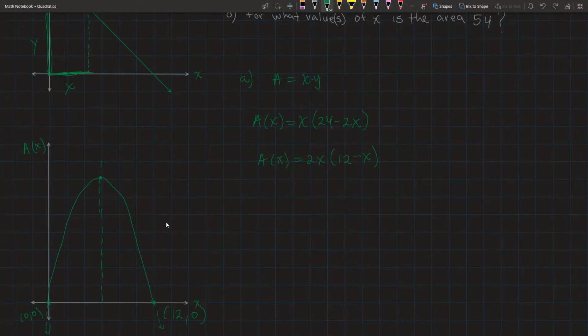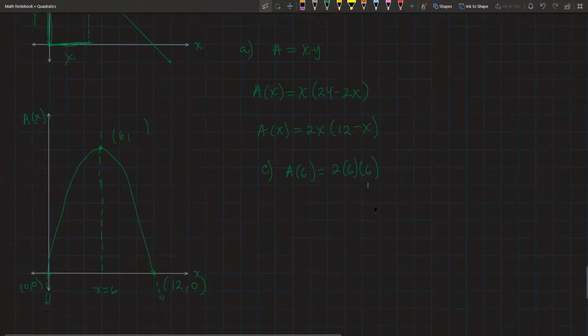We know the maximum happens when x equals 6. And we need to do a little bit of algebra or arithmetic to figure out what that maximum is going to be. That will happen when we have area when x equals 6. Let's make that a little bit more legible. That's going to be 2 times 6 times 6, in whatever order you want to check that, because there's a 6 here and there's a 6 here.